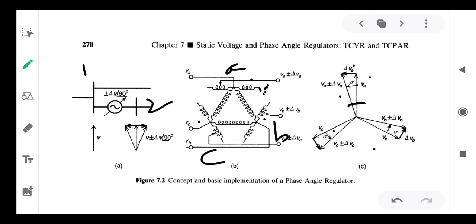So the new voltage is VA plus or minus delta VA. This delta VA is in 90 degrees with the VA.